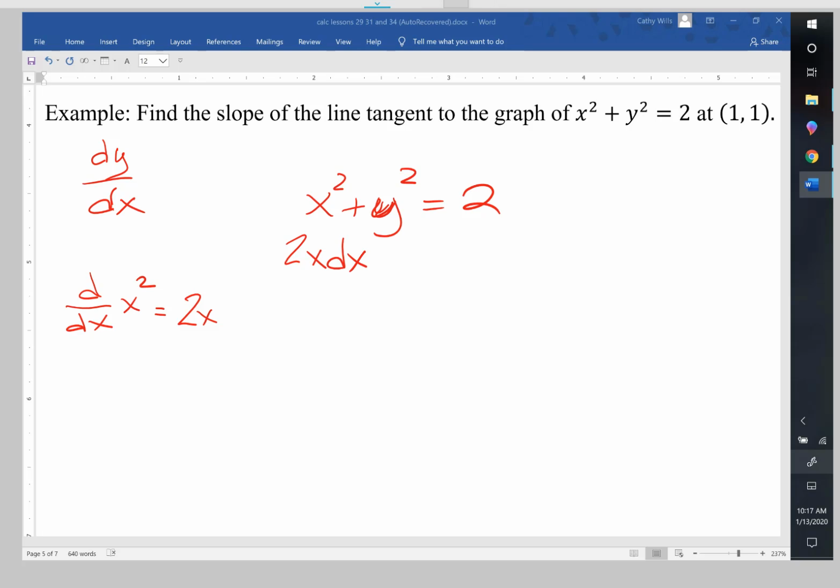I'm just going to erase that so I'll have room. Back to my pen. Okay, so 2x dx plus 2y dy, that's the differential of y squared, equals the differential of 2, which is just 0.